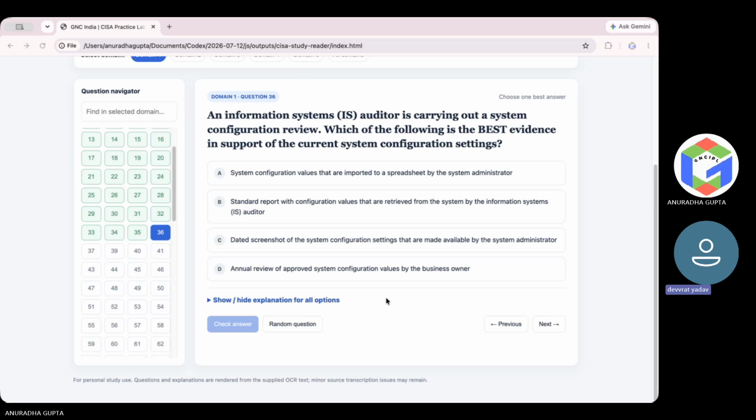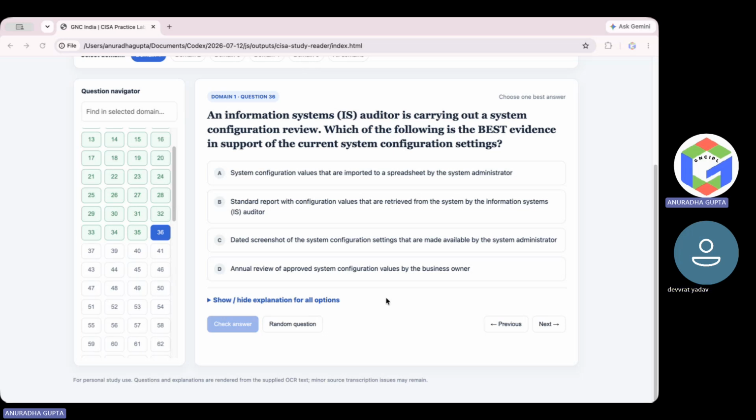If the IS auditor is itself retrieving that, then option B is more accurate. In B, the IS auditor is retrieving the data by himself, a standard report, in front of the SME while they are collecting the data. You got my point.